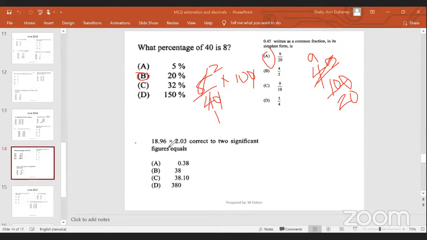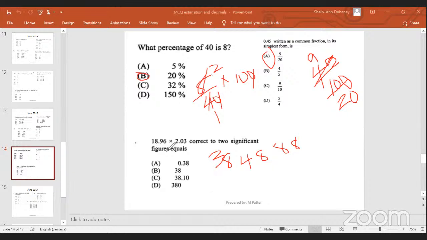All right. 18.96 times 2.03. When I multiply this without the decimal, I would get 38488.